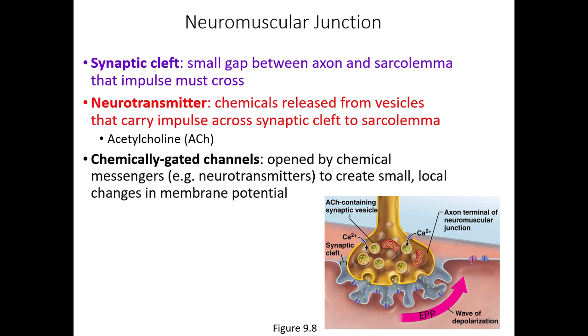For the calcium to come into the axon terminal, it requires a voltage-gated channel. And then that calcium causes those synaptic vesicles that contain the neurotransmitter to bind to the axon terminal membrane and spit out the neurotransmitter into the synaptic cleft.